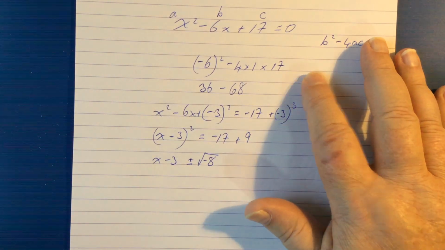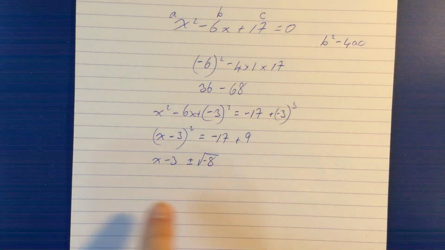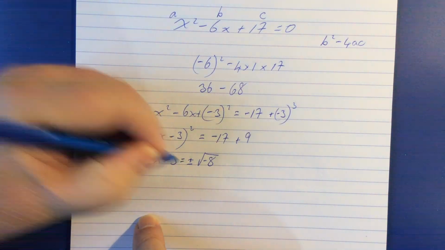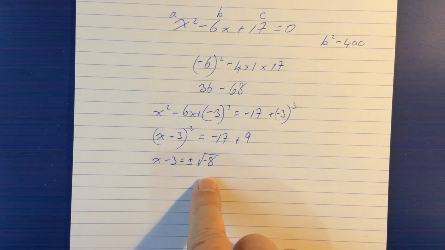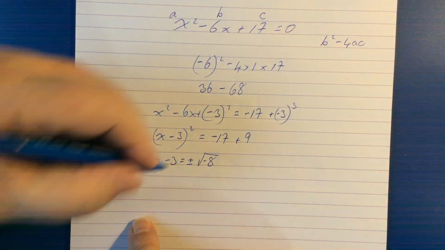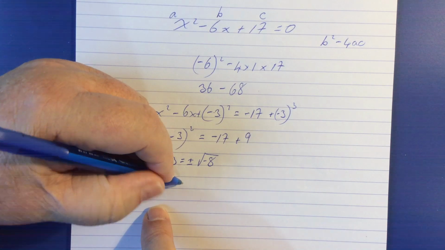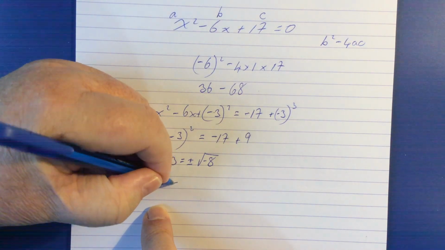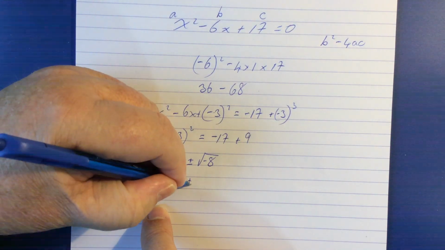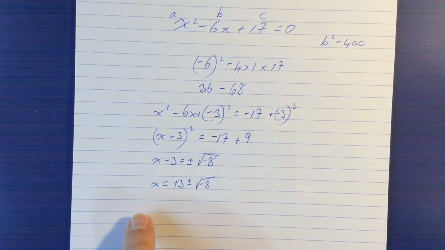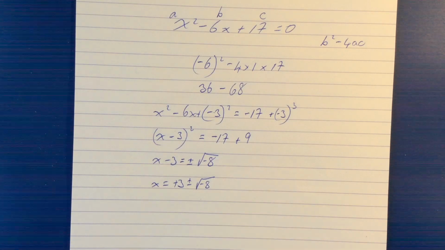We've checked the discriminant, it's going to be negative. What do we do about this? Oh, well, first of all, we put in an equal sign. I'm sorry, I forgot that. That's what this should look like. And then what we can do is we can say that x equals, sorry, x equals +3 plus or minus the square root of -8.